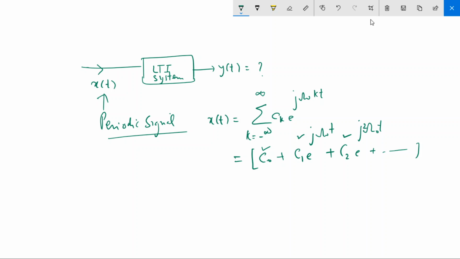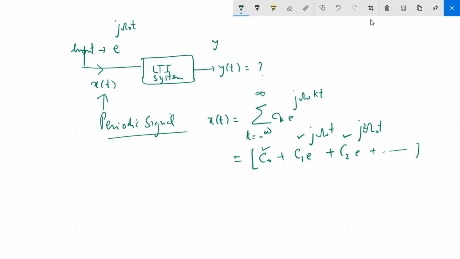Now since the input signals have only complex exponentials, we first have to see what the response of an LTI system to a complex exponential is. So for that, I take the input signal as only e^(jω0t), a complex exponential.